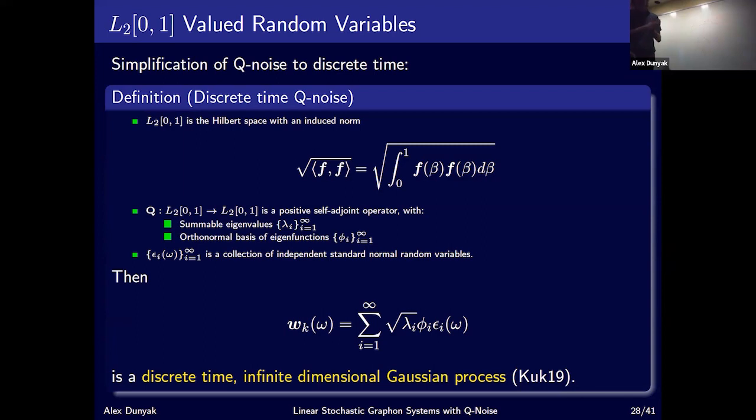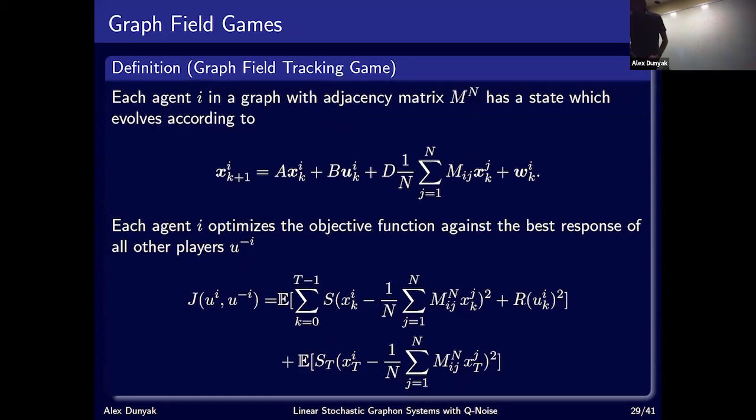We just replace our collection of Brownian motions with a collection of independent standard normal random variables, here denoted epsilon. And instead of having a time indexing, we just have an indexing of k. And because these are independent, then we have this discrete time infinite dimensional Gaussian process for each k.